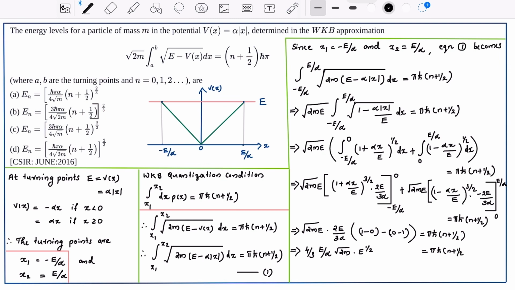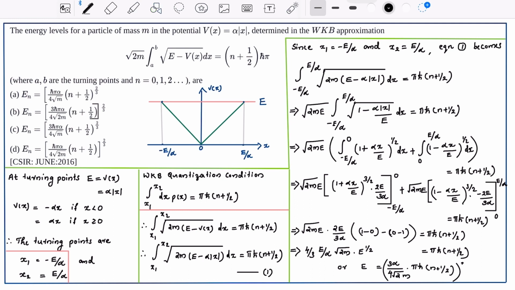Now, after simplification, you will get the value of E as 3 alpha by 4 root 2m, then pi h bar n plus half, all raised to 2 by 3.